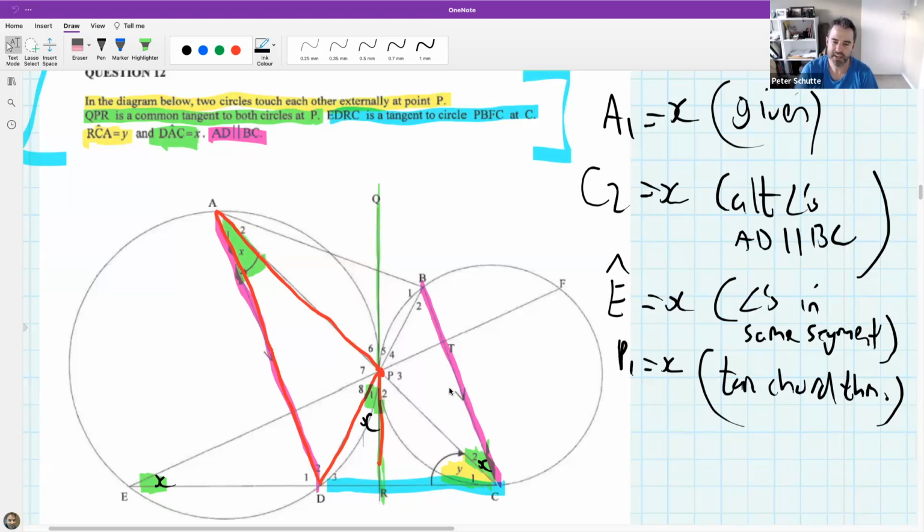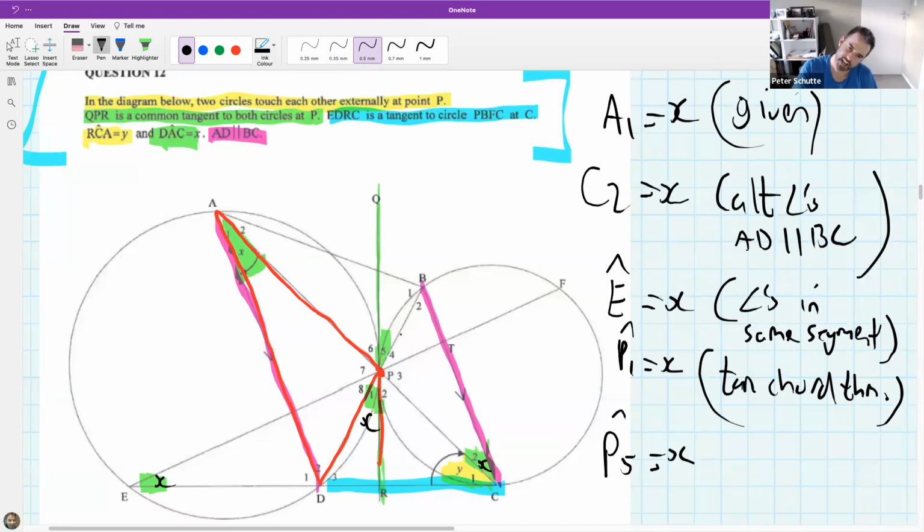P5, yes, Kia, well done. What's your reason, Kia? I agree with Kia. So Kia is saying that this one over here is also equal to X. So P5 is equal to X.